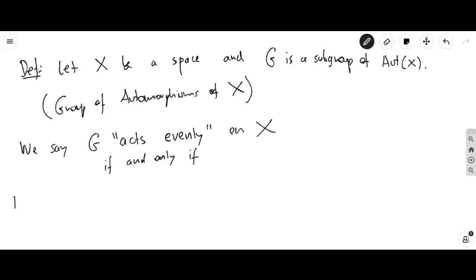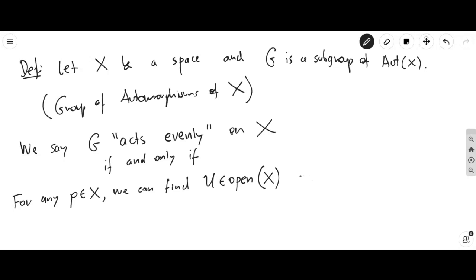For any point in X, we can find an open set in X.